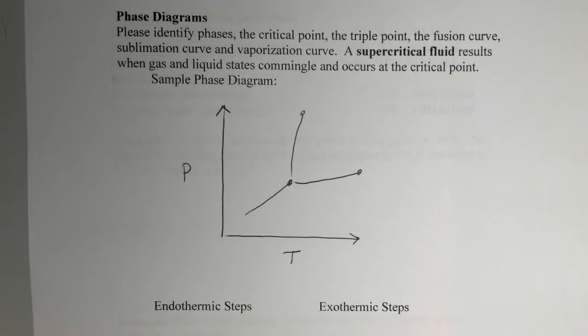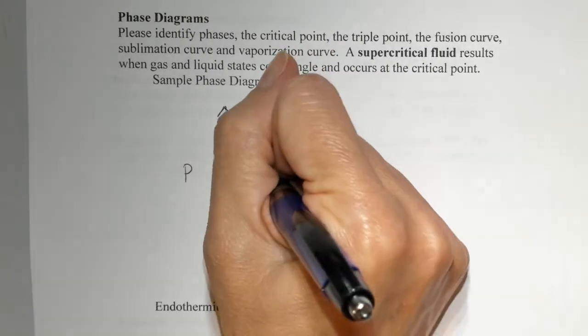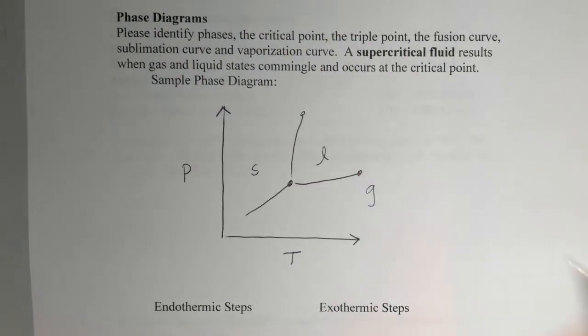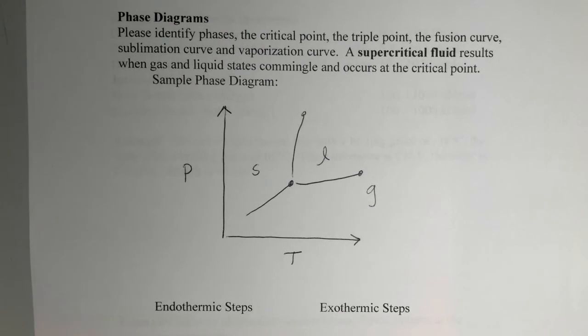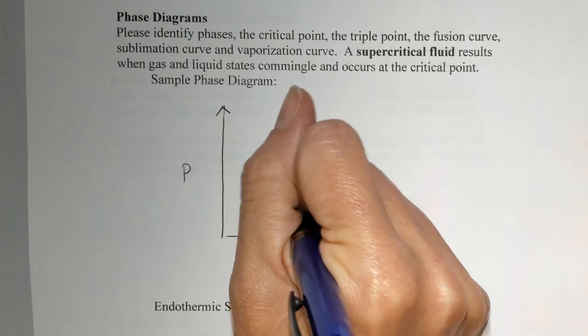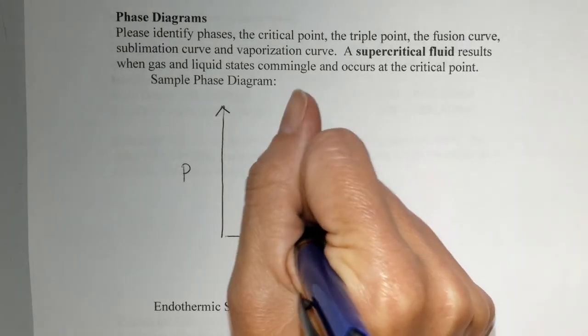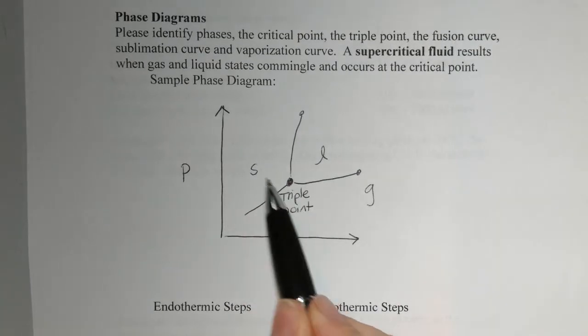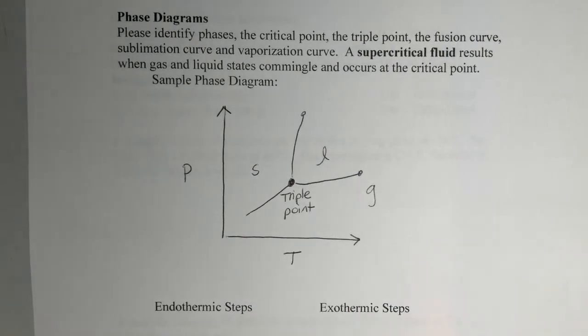What you look at here is you have the solid phase, then the liquid phase, and then the gas phase. And this point right here, this is called the triple point, because it is the point at which, at this temperature and this pressure, all three phases can be in equilibrium.